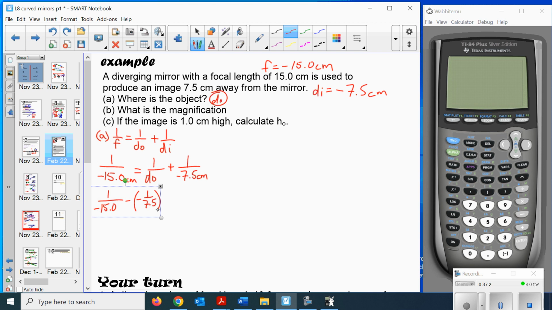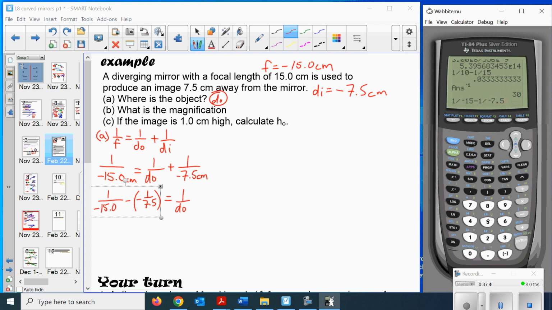But you can use plus, addition. Okay, we're going to get a decimal number. You do yours, I'll do mine. Double check. 1 divide negative sign 15. Subtract 1 divide negative 7 point 5.